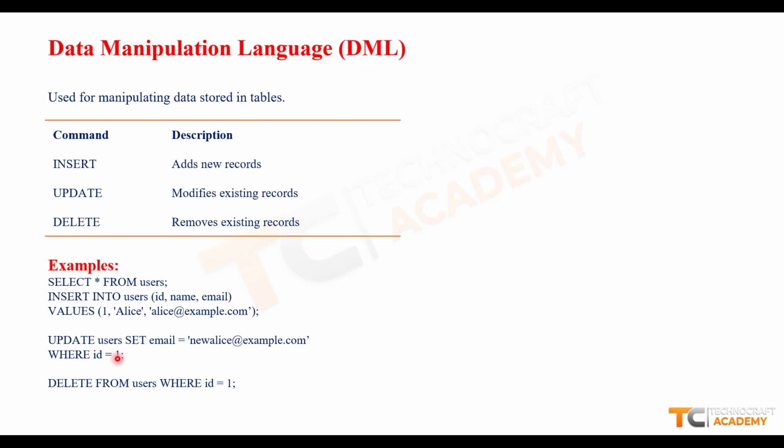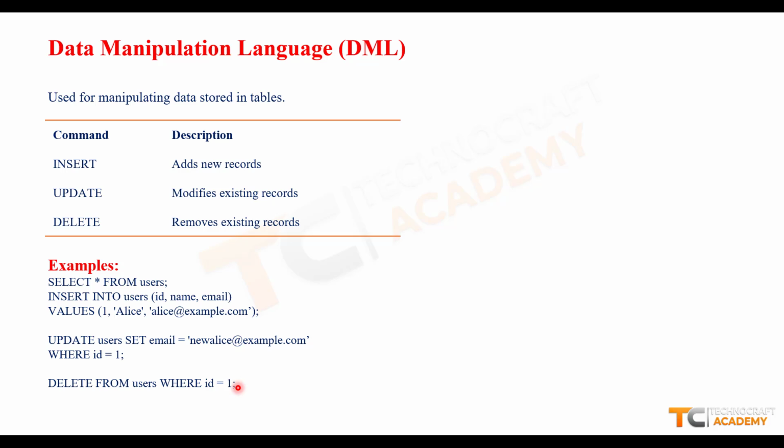So you have to specify for which column or for which record you are going to change it. So that where condition is provided here. And then we have one more command called delete. From which table you are going to delete, from users, which record, where the id equals 1. So this particular record or the complete row will be deleted from the table.